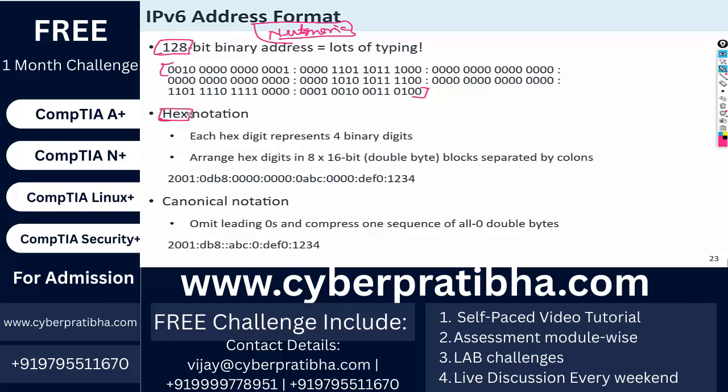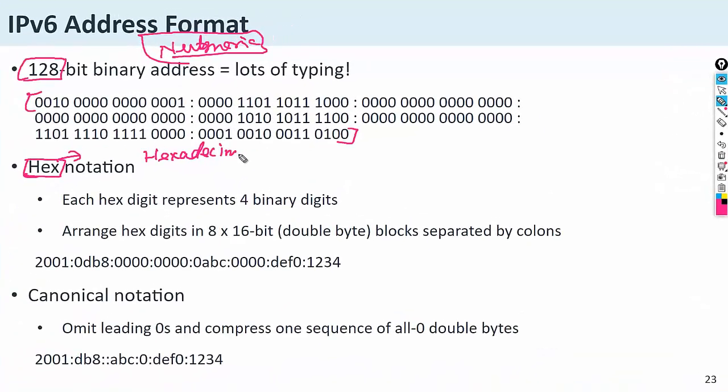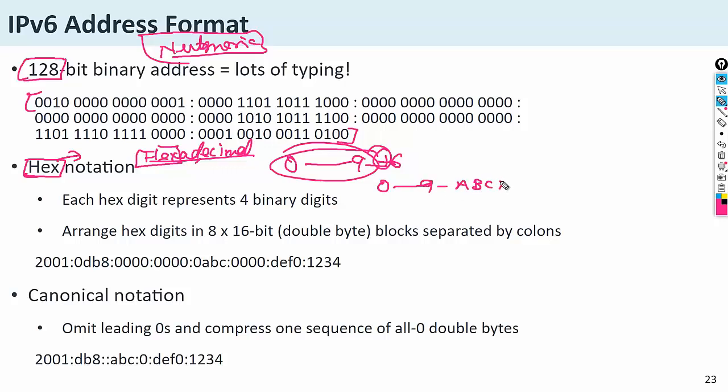Hex notation, meaning hexadecimal values. Do all of you know about hexadecimal values? Decimal means 0 to 9. When hexa is added, 6 more values are added: 0 to 9, then A, B, C, D, E and F.